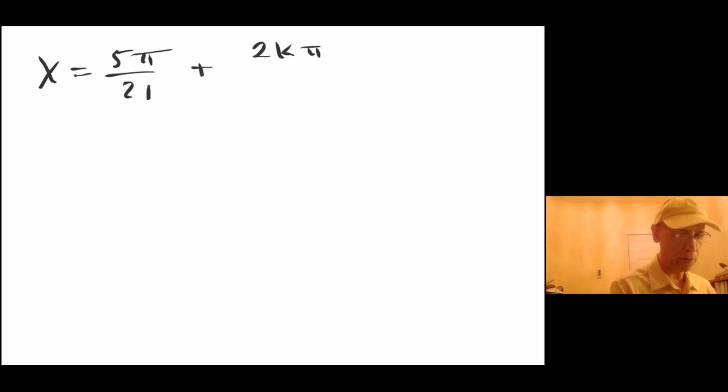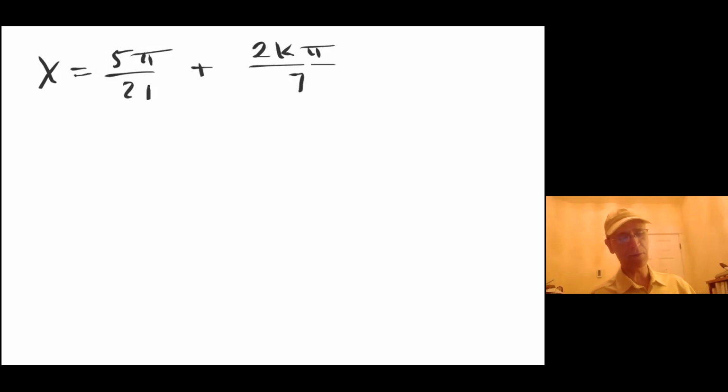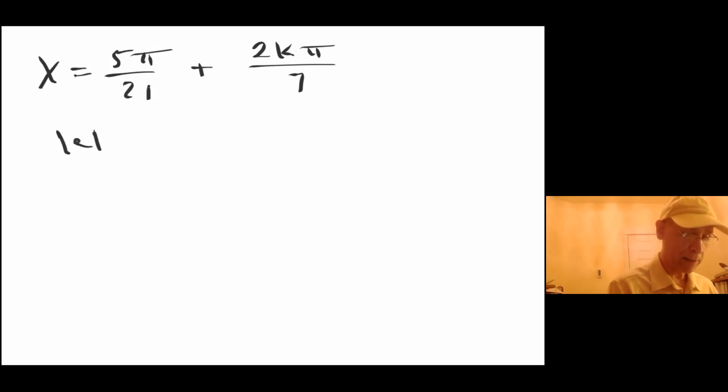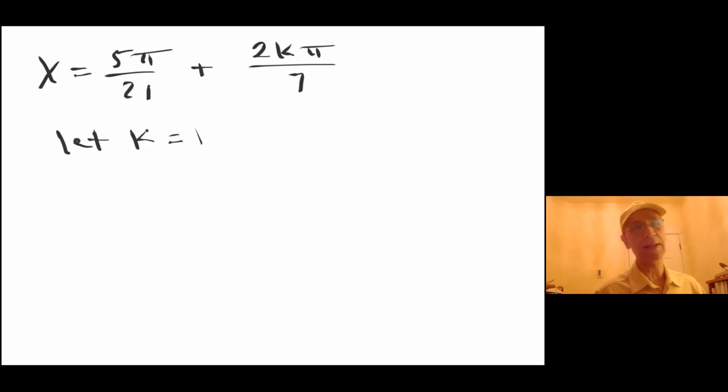I do have x equals 5 pi over 21 plus 2k pi over 7. The first one was when k is 0. Now the second one, I'm going to let k equal 1.